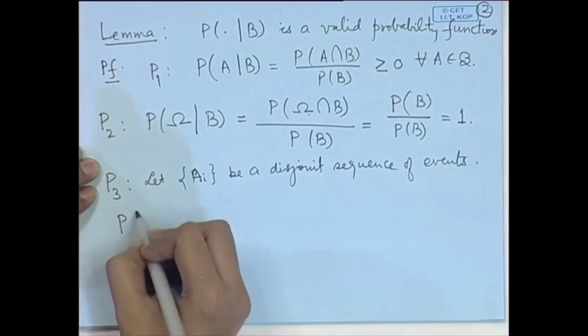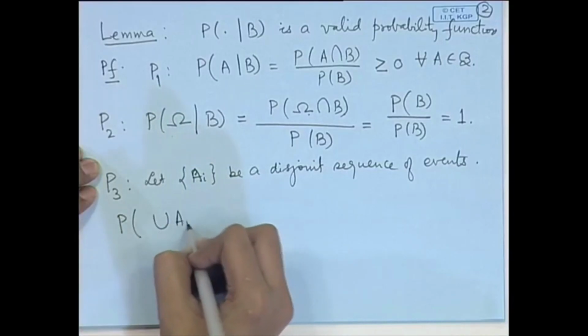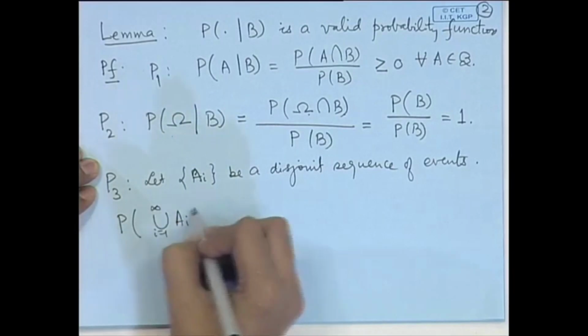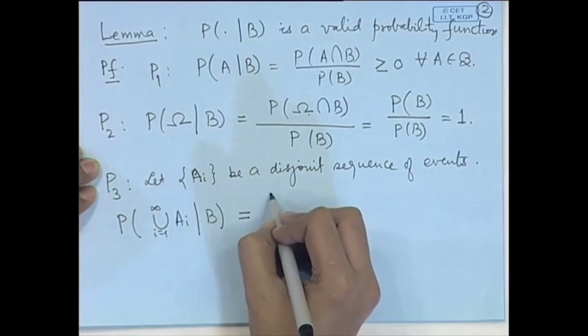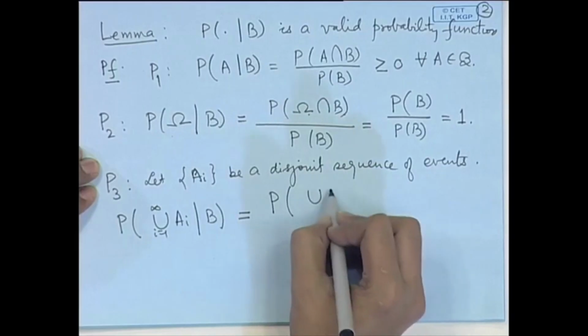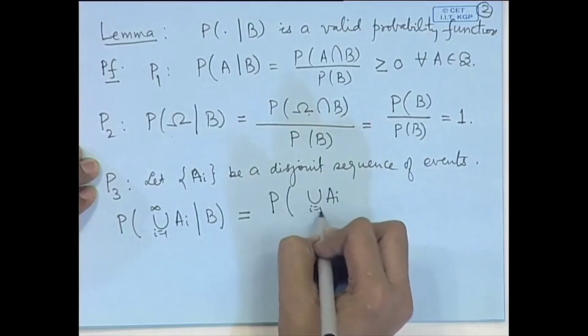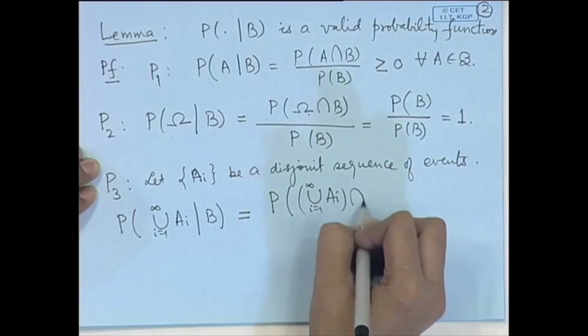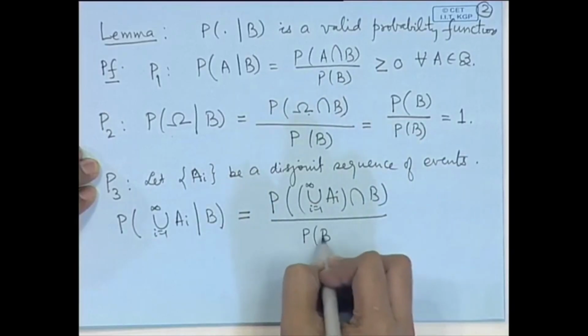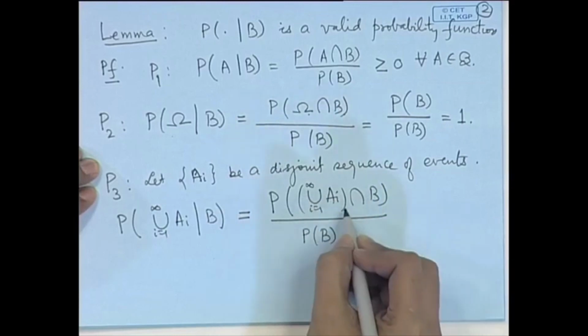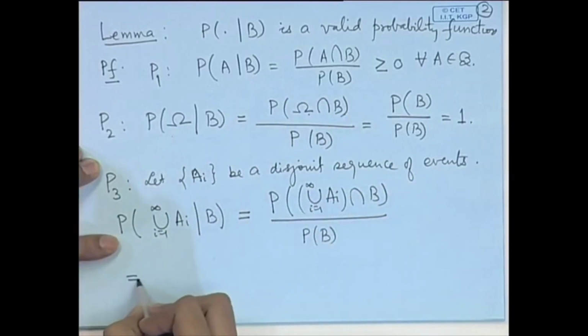Let us consider the probability of the union of A_i given B. By the definition of conditional probability, this will be equal to P(union A_i intersection B) divided by P(B). Now, in the numerator I can apply the distributive property of unions and intersections.